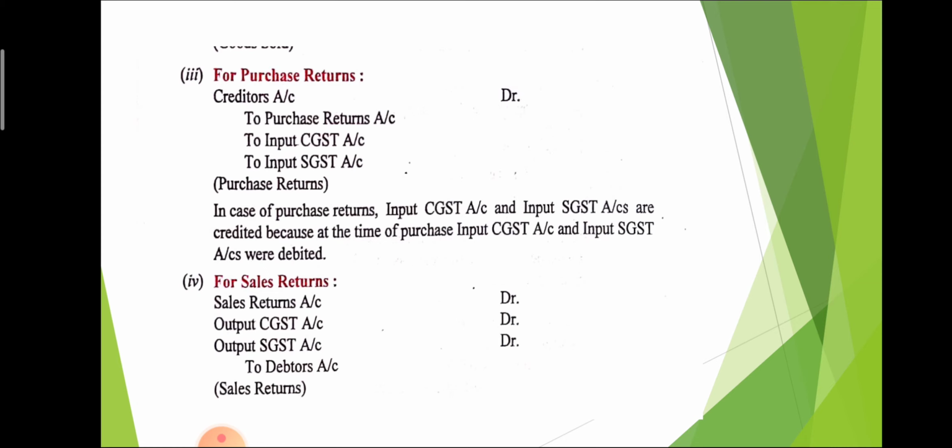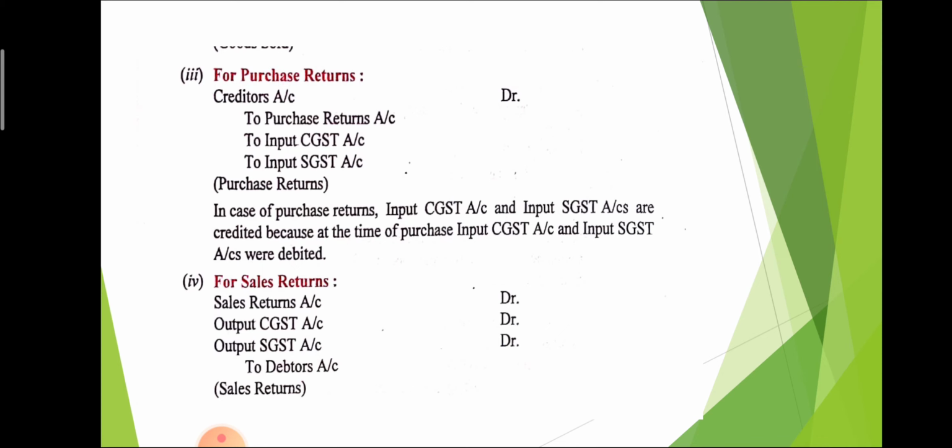Where purchase is debited, input is debited; where purchase is credited, input CGST and input SGST are also credited, for the entry of purchase return.